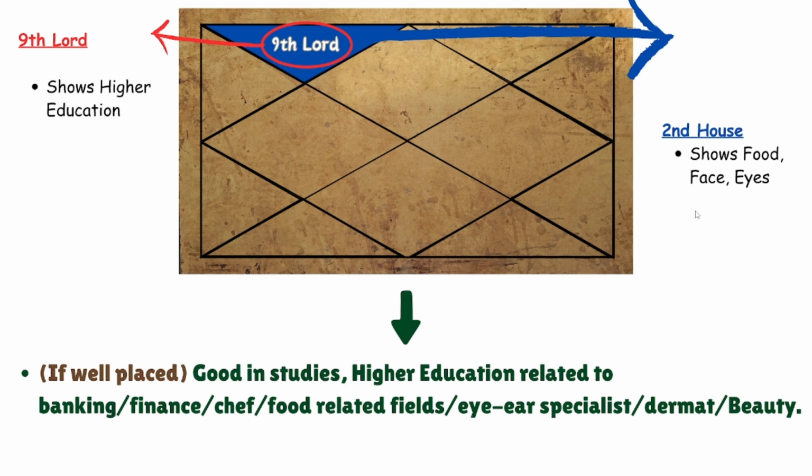Okay, pursuing higher education is also good, especially higher education related to banking, finance, or food related fields, chef, or eye specialist, ear specialist, anything related to face. Okay, maybe beauty, dermatologist. Okay, anything. So all this is good to pursue as higher education. Again, we need to see more details to confirm which of this is better.